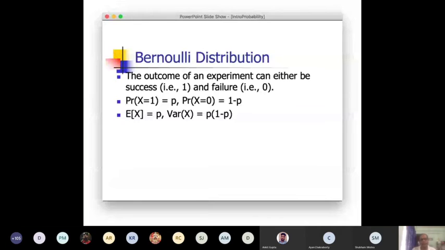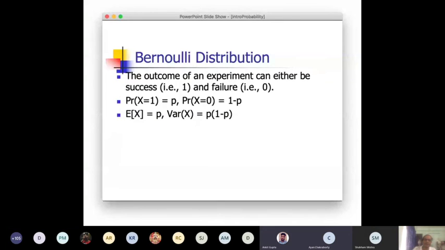And you can find out very easily that the expectation of x equals P. Do you agree that the expectation of x should be equal to P? Yes, sir. Good. Why is the expectation of x equal to P?